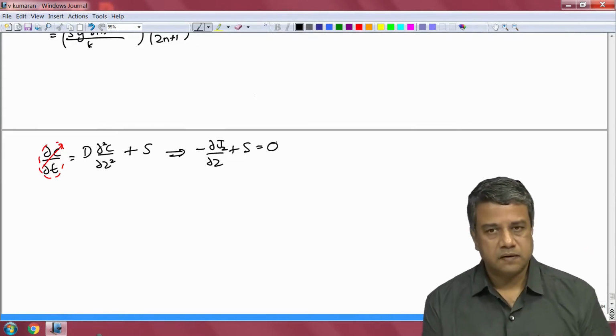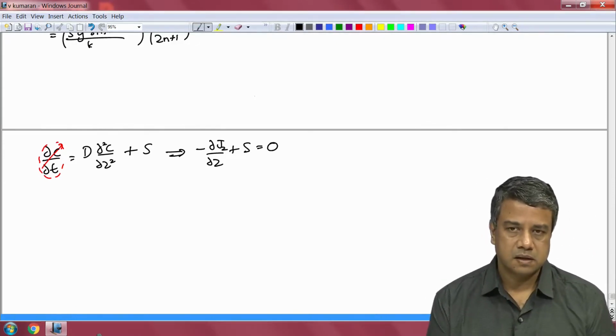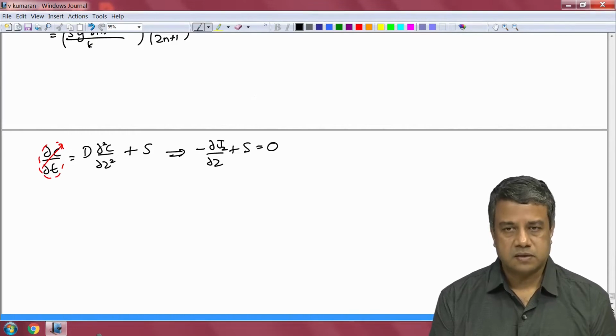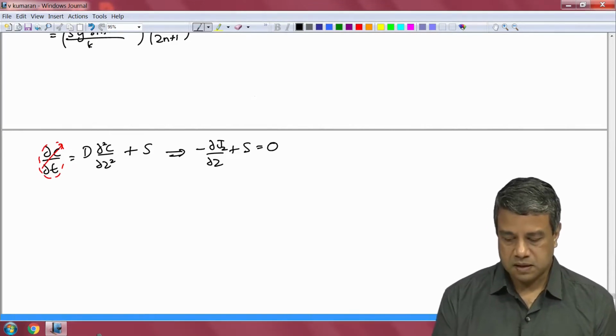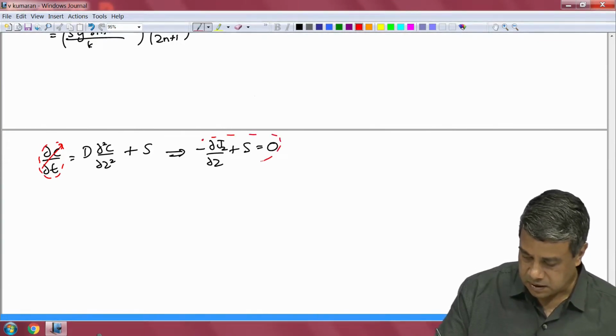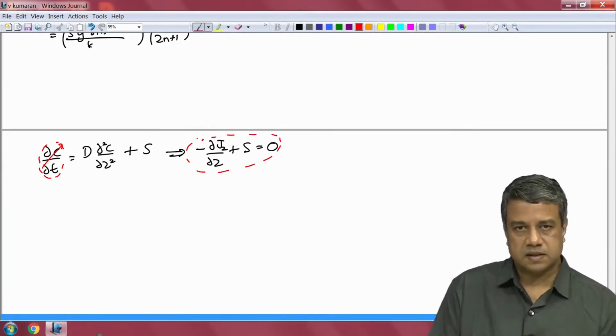If there is no source, then the concentration, velocity or temperature is a linear function of position. If there is a source and that is a constant, I can first evaluate this relation for the flux.